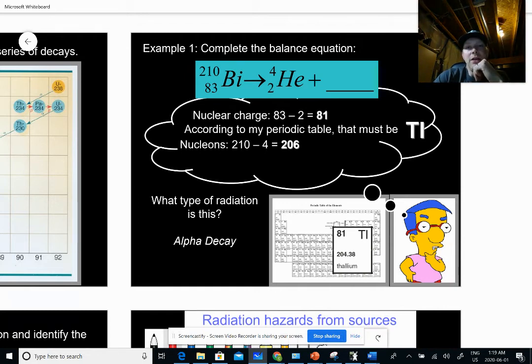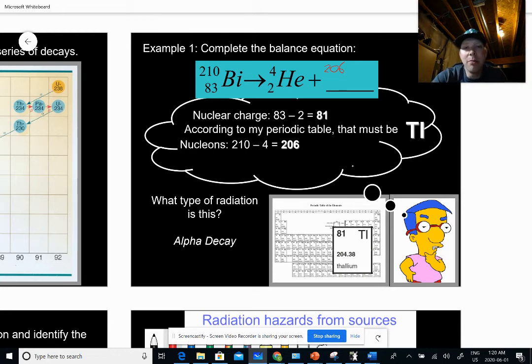Complete the balanced equation. So we have bismuth here, and it is undergoing alpha decay. So we want to find out what the daughter is in here, right? So we have 210 minus 4 would be 206 on the top. Now that's not going to tell you what it is on the periodic table because that's the mass number and it could be any number of isotopes.